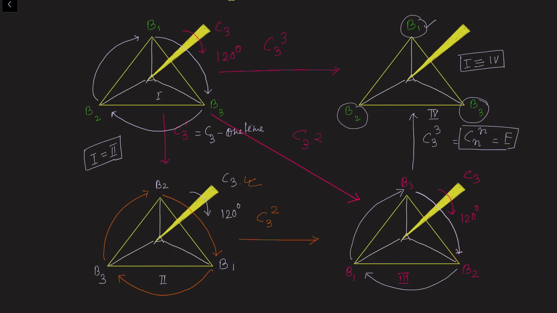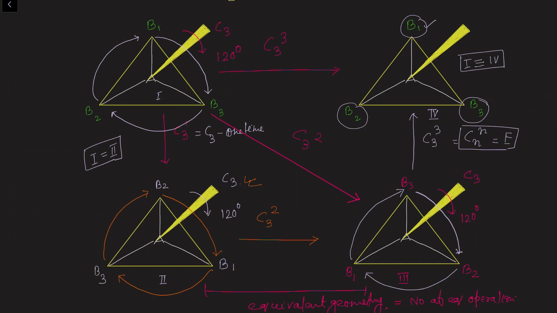right? So these are the equivalent geometry. And for getting the equivalent geometry, how many equivalent operations are we performing? Out of 3, 2.